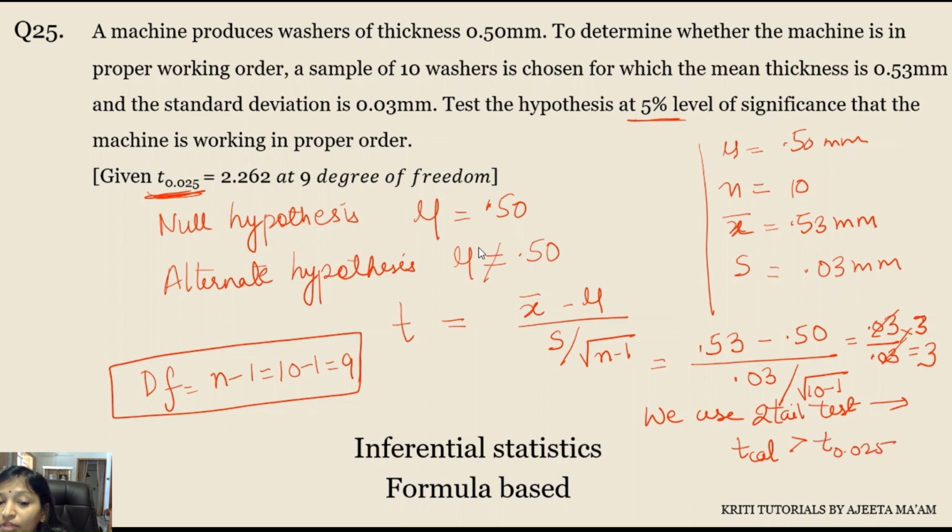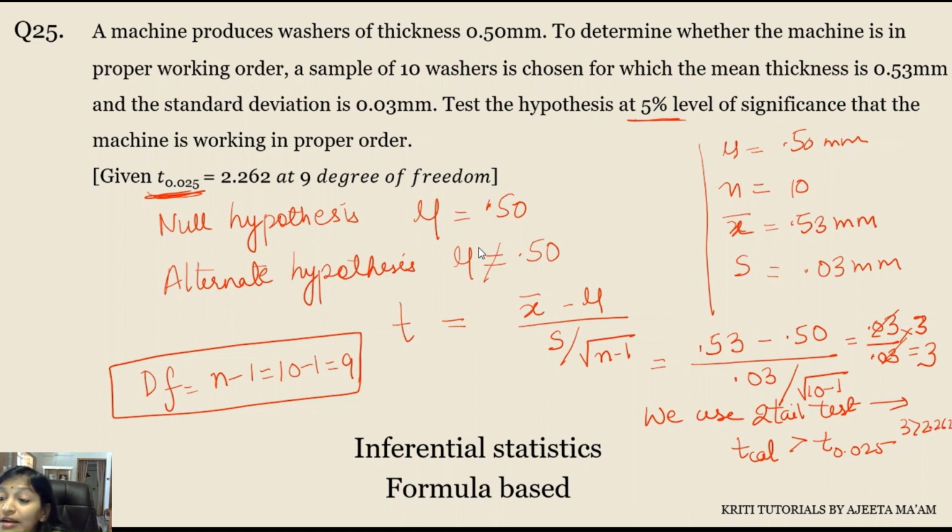If we compare both, the value that we are getting is greater than the given value from the table. So now t calculated is coming greater than t at 0.025. That is 3 is greater than 2.262.